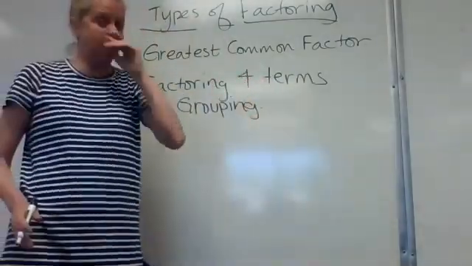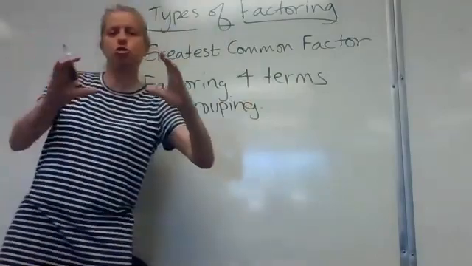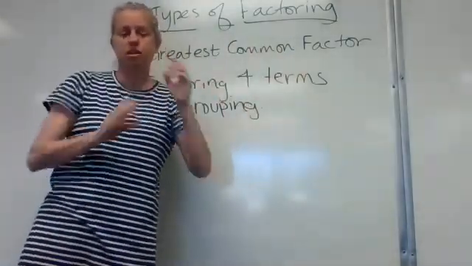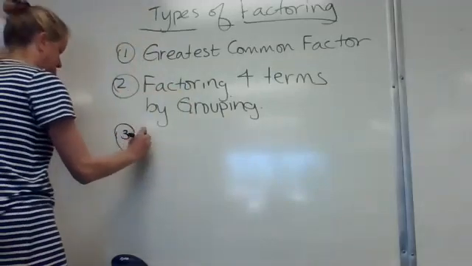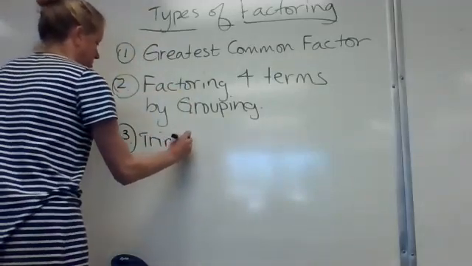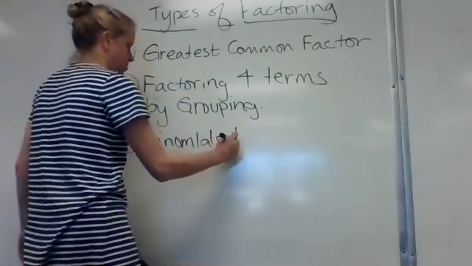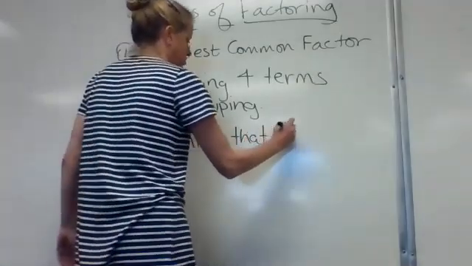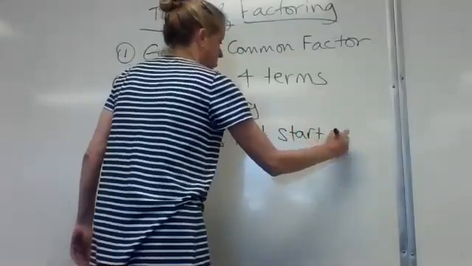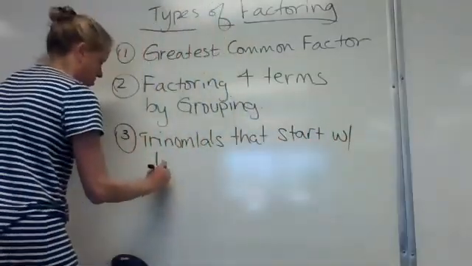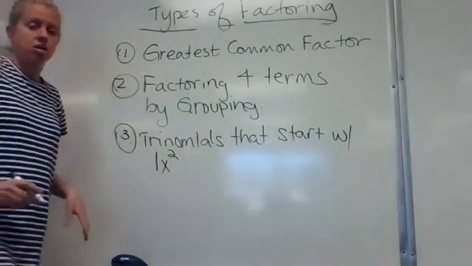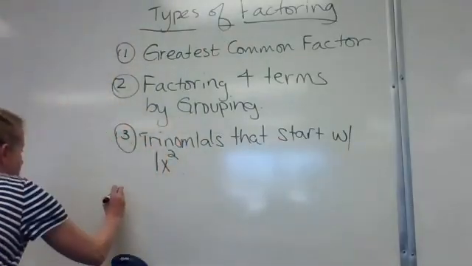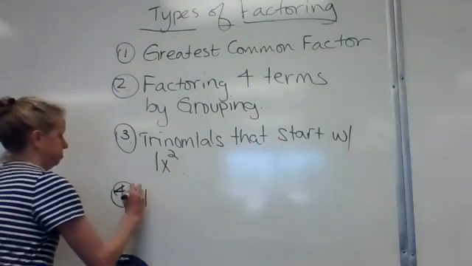I couldn't pull anything out. So we put them in those 2 smaller groups. So that was the second type. The third type were, there's 2 different types of trinomials that we've talked about.